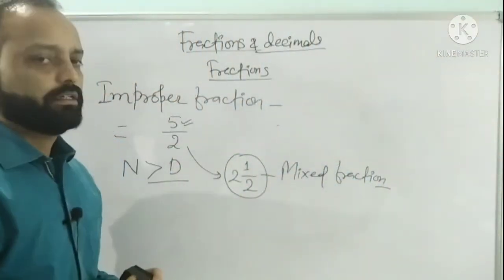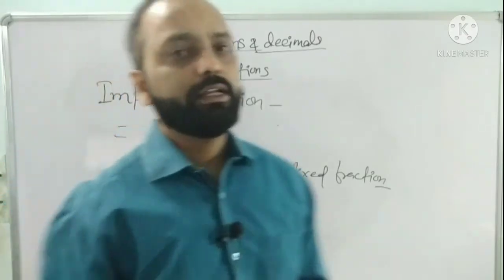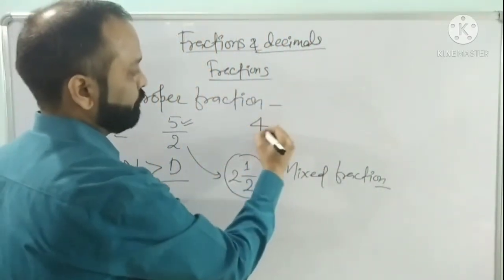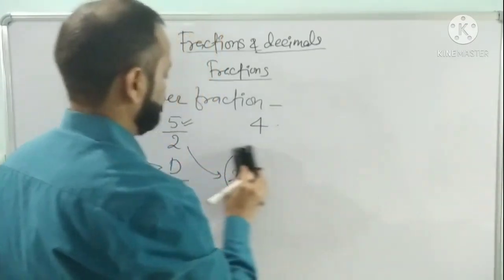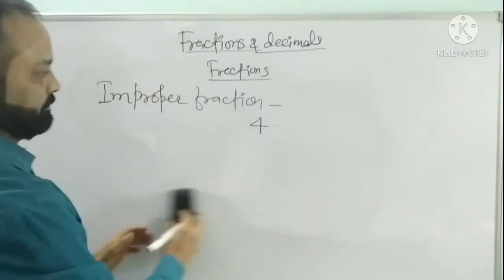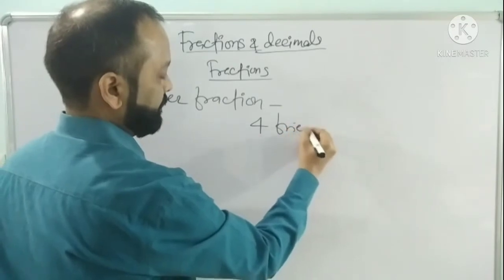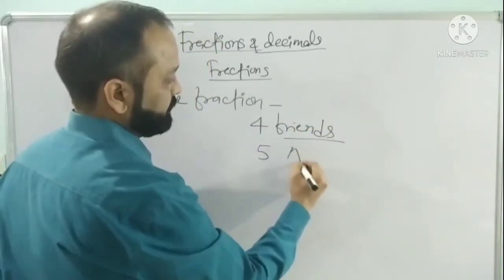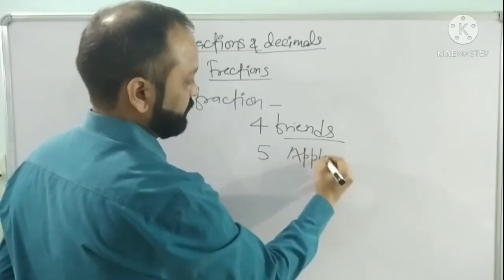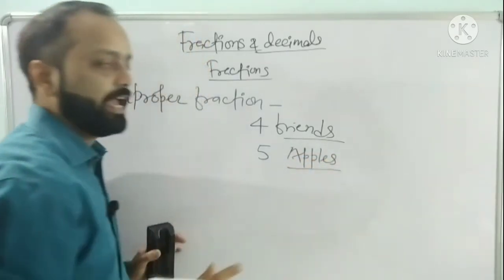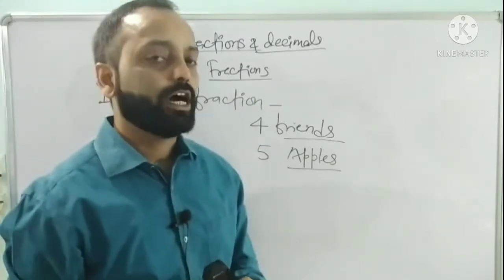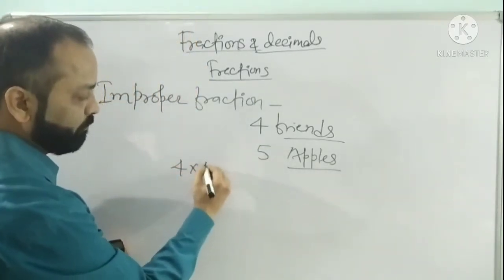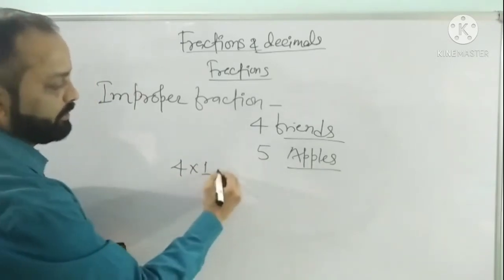We can also see one example. Let's suppose there are 4 persons or 4 friends, and you have 5 apples. Now you have to divide them equally. How will you divide? All 4 will get 1, right?